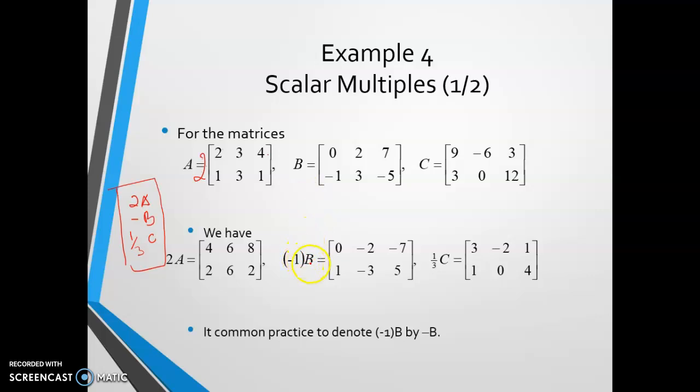So for negative B, you just multiply all the entries by negative 1, and for 1/3C, you just divide everything in the arrays by 3. So you get the answer. This is the answer.